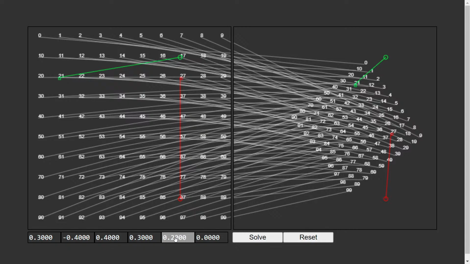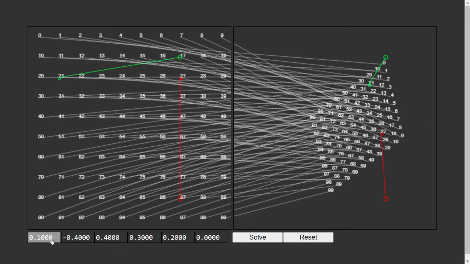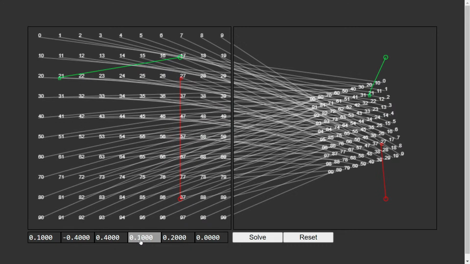Yeah, then you kind of have to rotate it some more. Kind of like that. And then, yes. Wow, I'm kind of figuring out how to rotate. This is very cool.